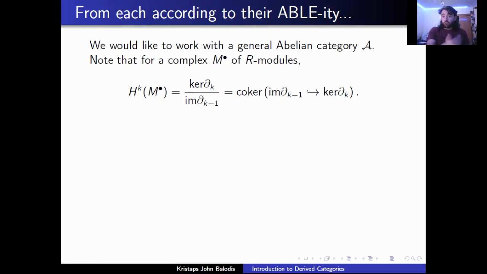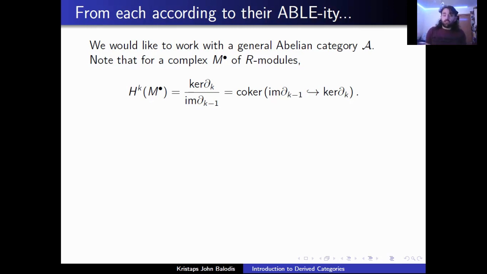But if you've spent any time working with cokernels in, say, R modules, you'll have noticed the cokernel of a map is simply the codomain modulo the image. So in other words, this is just the cokernel of the (k-1)st image included into the kth kernel.